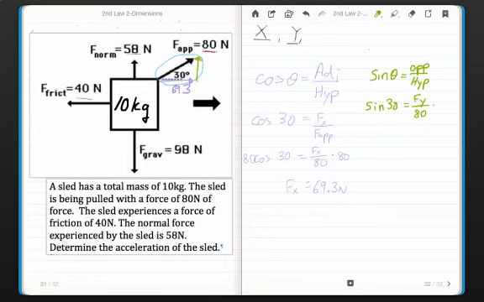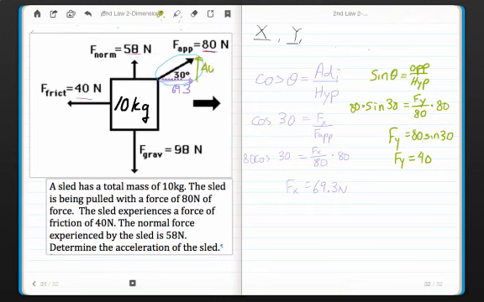So we can multiply both sides by 80 to get rid of the 80 in the denominator. And we get f of y is equal to 80 sine of 30, and plug that into the calculator and we get 40. I'll write that 40 in right there. So that's just setting up the entire problem.